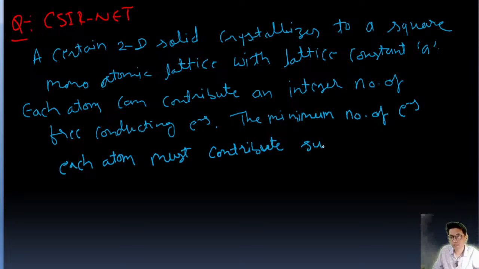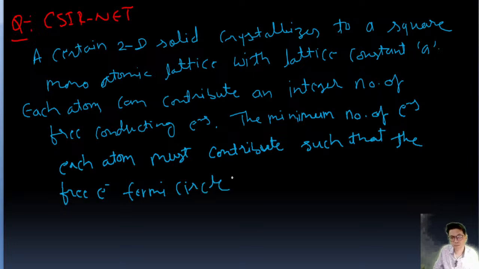such that the free electron Fermi circle at zero temperature encloses the first Brillouin zone completely. Fermi circle at zero temperature means it is talking about the Fermi surface, right?